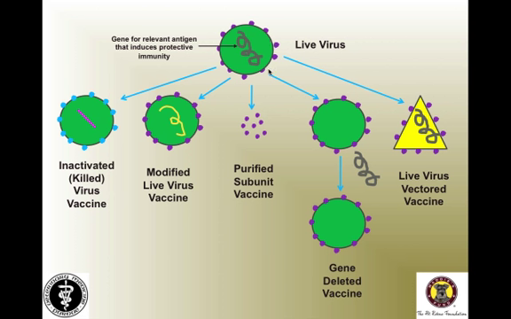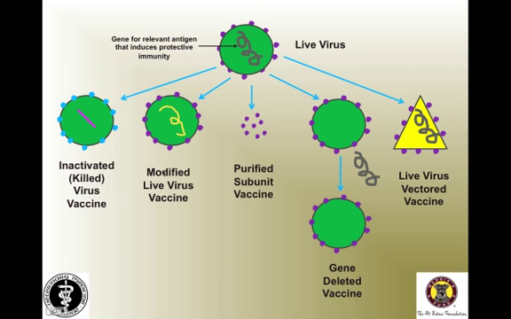And vaccine manufacturers take this live virus and they manipulate it in a number of different ways in order to make different kinds of vaccines that have different qualities for us to choose from. So there is inactivated or killed virus vaccine, where the DNA or RNA from that virus has been completely killed, it's inactivated.